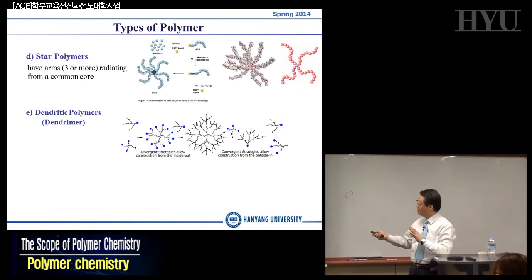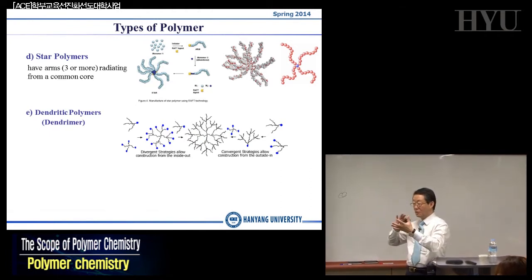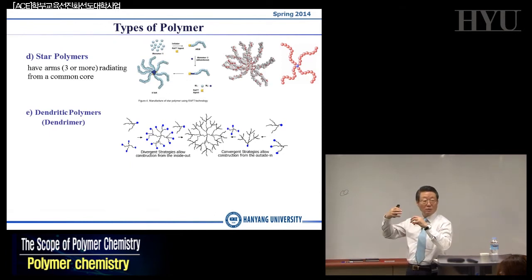In this case, it is not 2-dimensional, but a 3-dimensional star, a 3-dimensional polymer. And this one too could be 3-dimensional. You have many other arms, which is different from the star polymer. We call this a dendrimer.